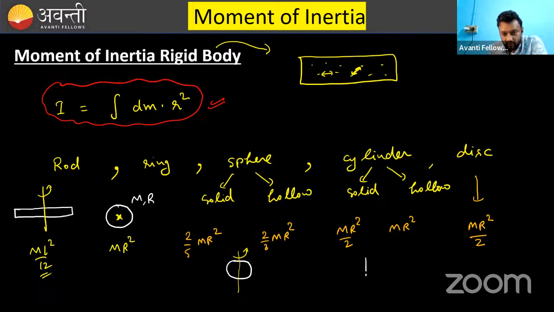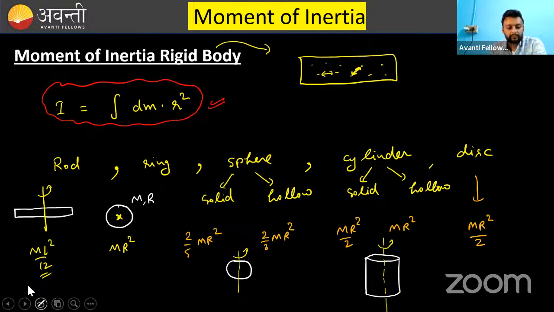Let's suppose this is our cylindrical body. It may be solid, may be hollow. But the axis we are taking is this one. In case of disk, this is our disk. The axis we are taking is again the same as we have chosen for ring, from the center and perpendicular.